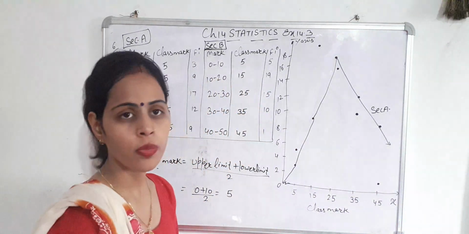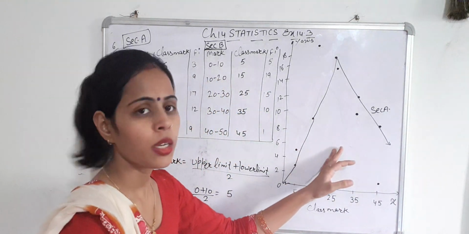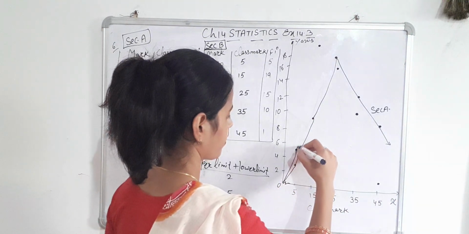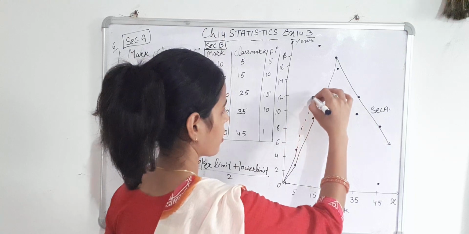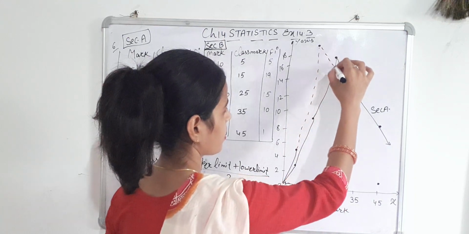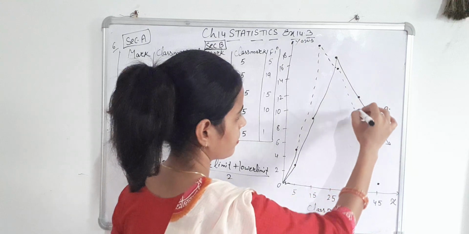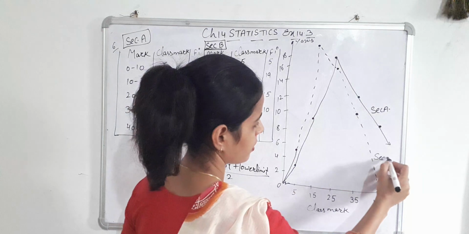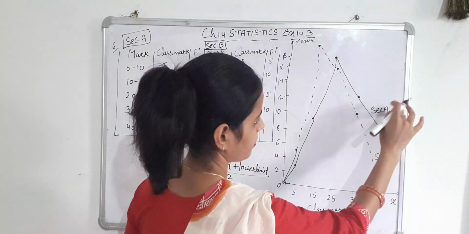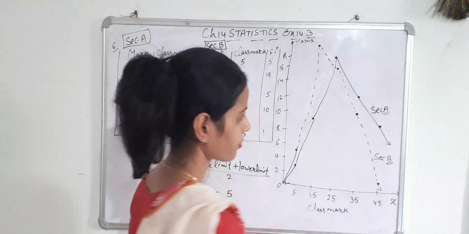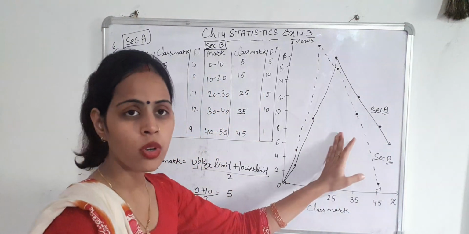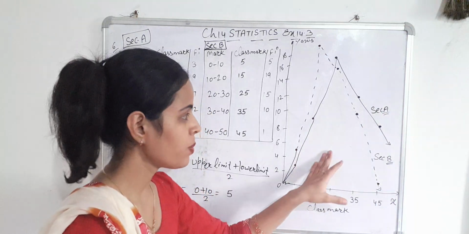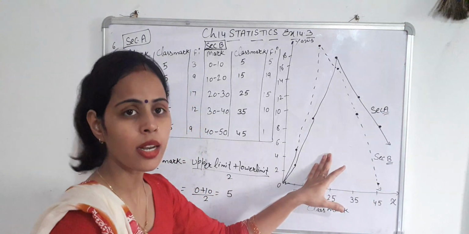Now join the dots of the frequency polygon for section B with freehand. The dotted line is used for section B and the dark line for section A. This is the frequency polygon for section A and section B.